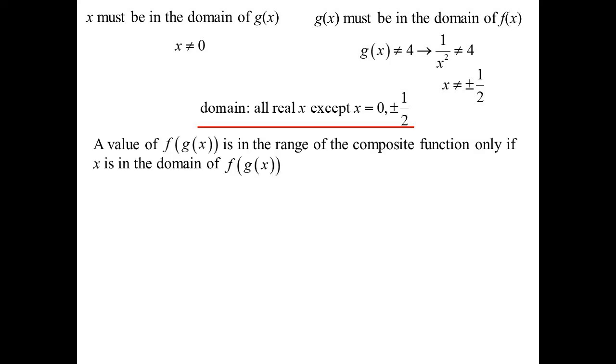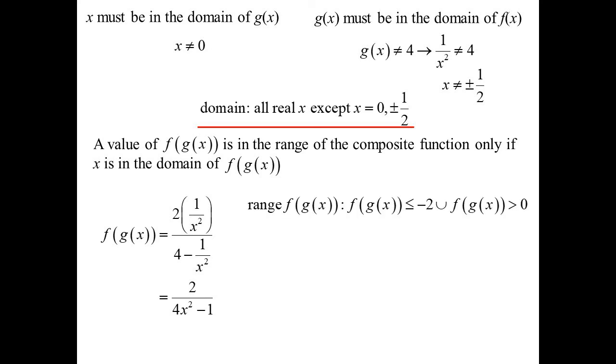Now the range, we said this, a value of function g(x) is in the range of the composite function only if x is in the domain. I just find it easier to work out what the actual function is and look at that. So here's function g(x), sub it in, I get 2 on 4x squared minus 1. So I know the range becomes less than or equal to -2, union, also when the function is greater than 0.